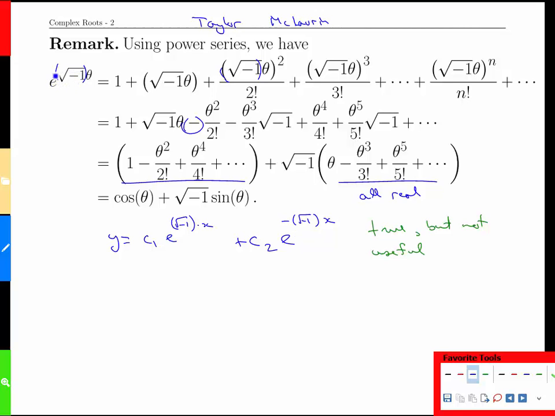However, this rule that we just explored for e to the square root of negative 1 times theta lets us translate this into a linear combination of cos and sine.